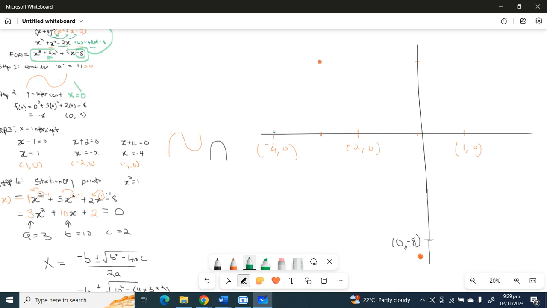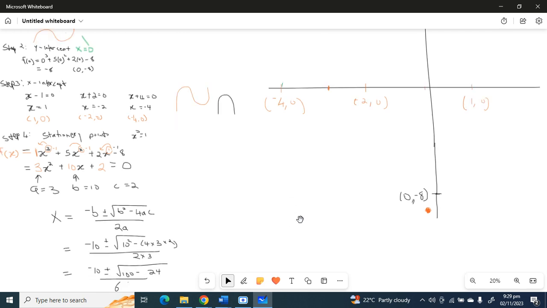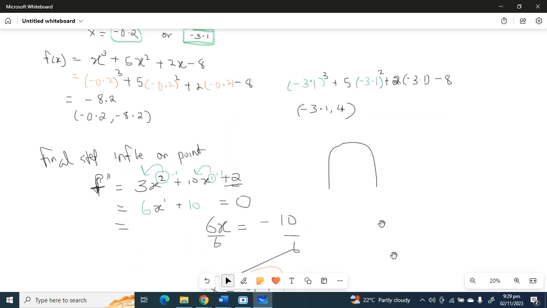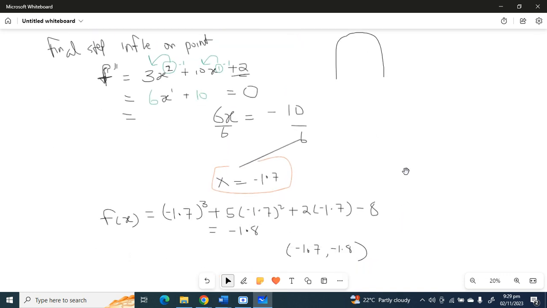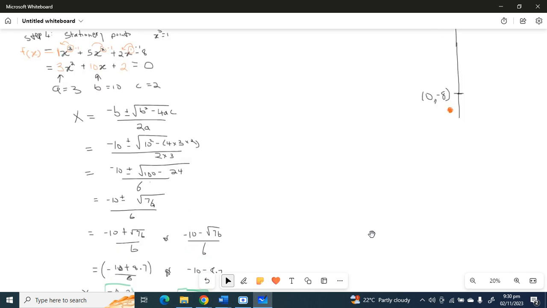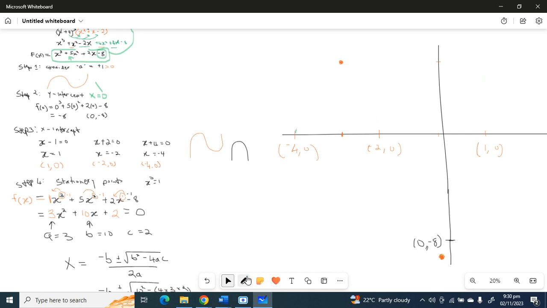Then our inflection point, -1.7, -1.8. Right, -1.7, -1.8, somewhere, we'll say somewhere here.